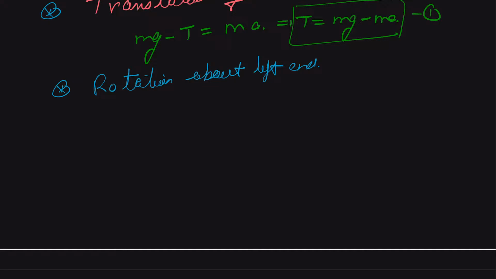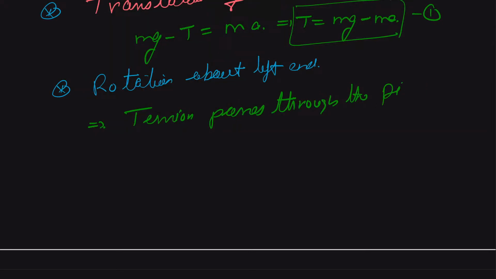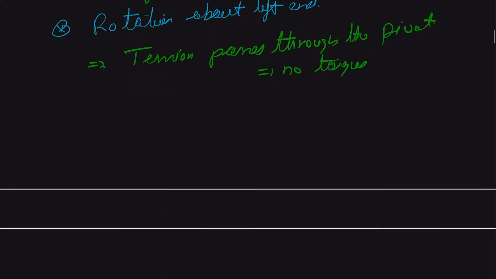The tension passes through the point of pivot, so there will be no torque, and the only torque will be because of the weight.